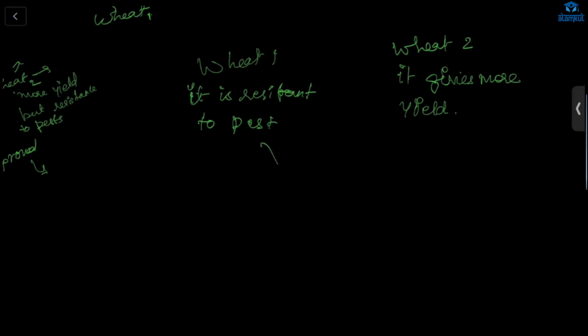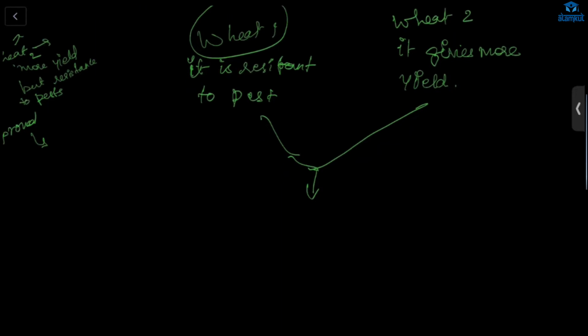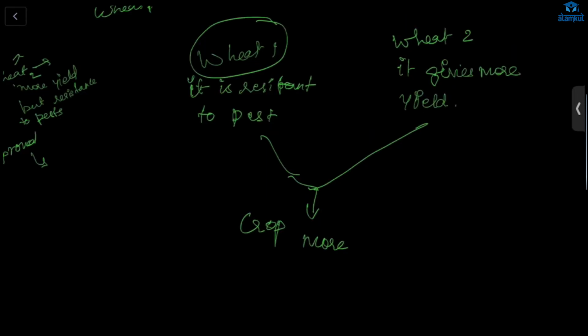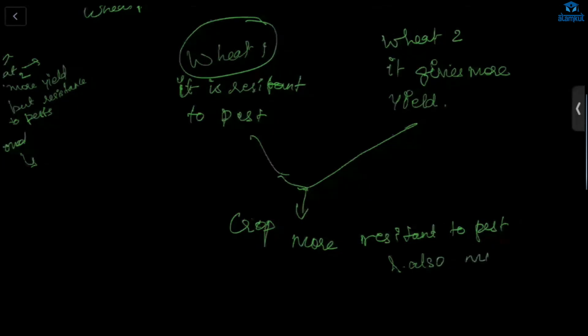When they found that this wheat is resistant and this wheat is not, they would cross them. Sometimes the crops will be of improved variety, resistant to pest and also giving more yield.